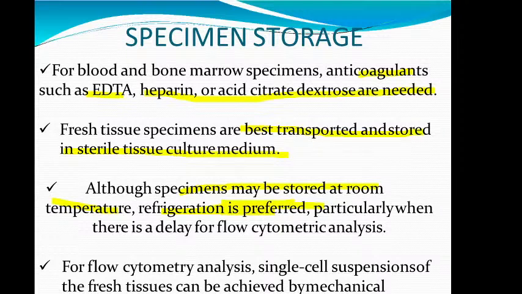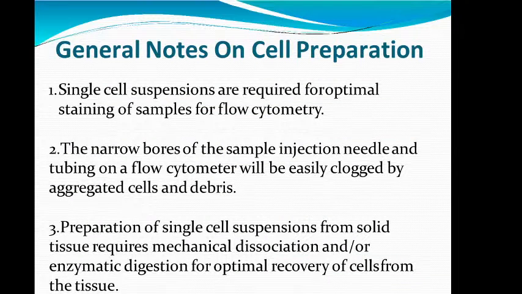For flow cytometry analysis, a single cell suspension of fresh tissue can be achieved by mechanical dissociation. Then we have to prepare the cells to run them in a flow cytometer. Single cell suspensions are required for optimal staining of samples for flow cytometry.